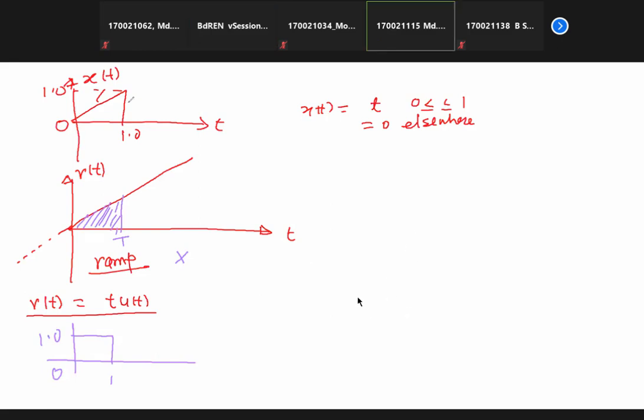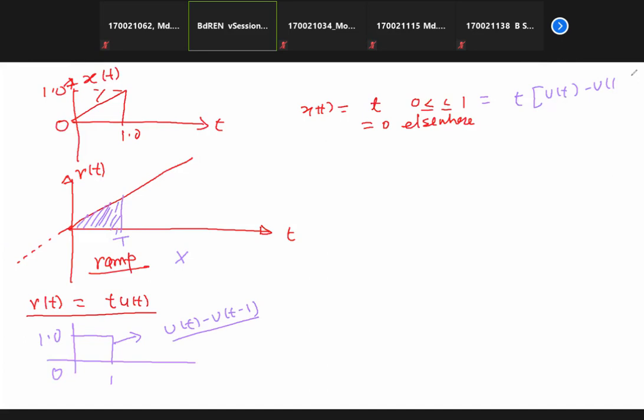Then we know that the equation of the pulse is u(t) minus u(t minus 1). So this equation x(t) can again be expressed as what? x(t) would be equal to t u(t) minus u(t minus 1), isn't it? Okay, this is one way to do that.